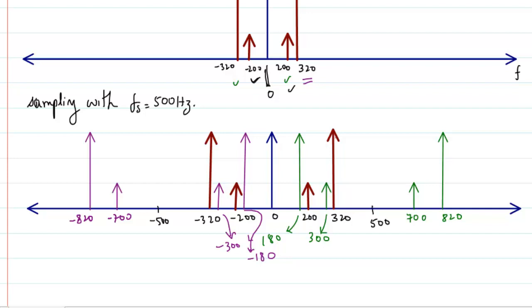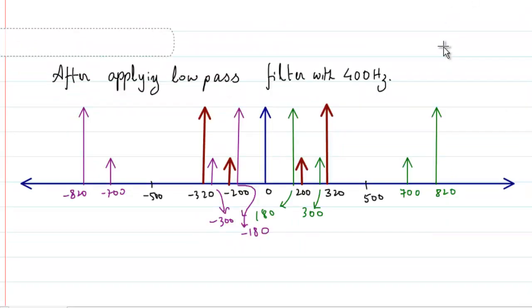Now we are going to apply the filter. Okay, so after applying filter, so let me write after applying filter. So after applying low pass filter, what will happen to the signal? See, now I am going to scratch away all those spectrum which are outside 400 Hertz, because I am only interested in 400 Hertz.